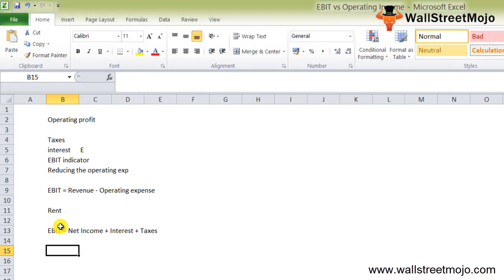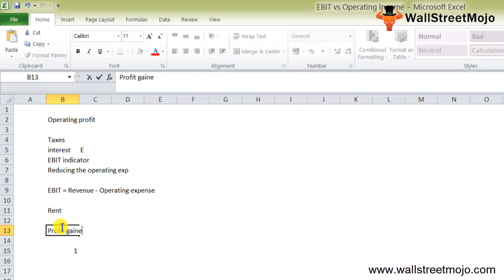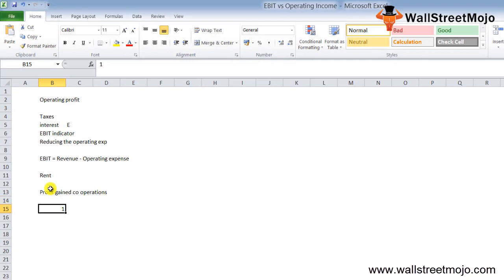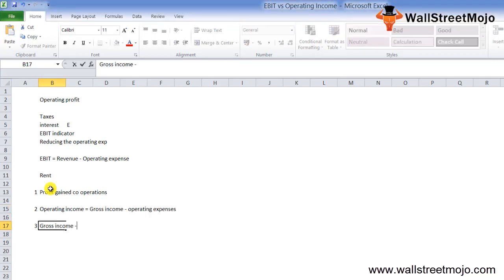basically used to calculate the amount of profit that has been gained by the company's operations, and it can be calculated by subtracting overall expenses from the gross income. So operating income is equal to your gross income less operating expenses, and your gross income is equal to revenue less the COGS, that is the cost of goods sold.